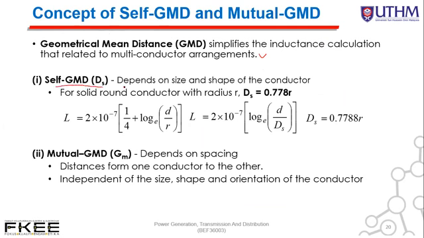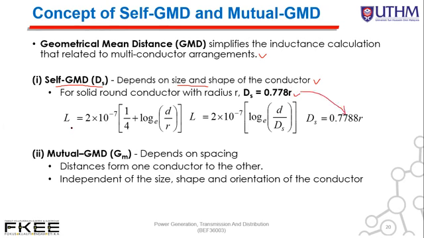DS depends on the size and shape of the conductor. For a solid round conductor with radius R, DS will be 0.7788 R, like this.